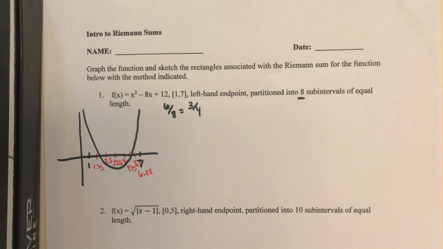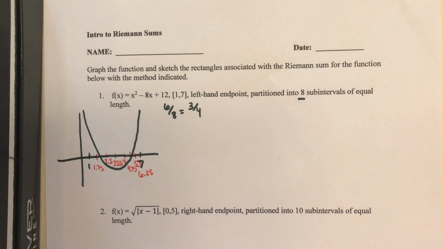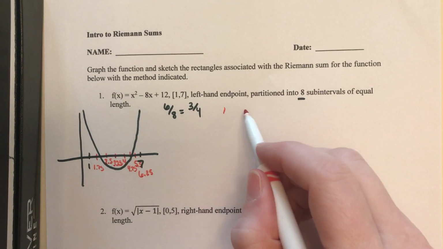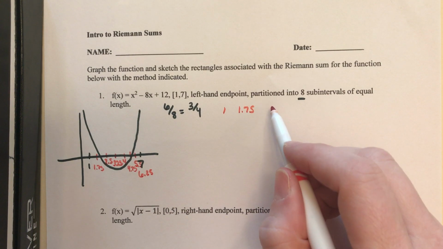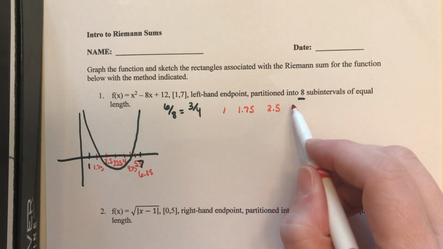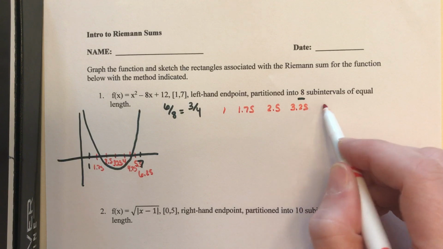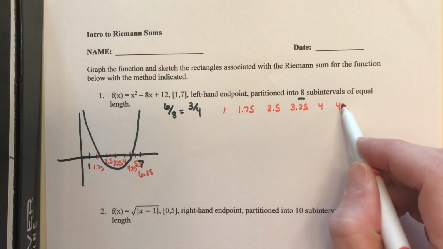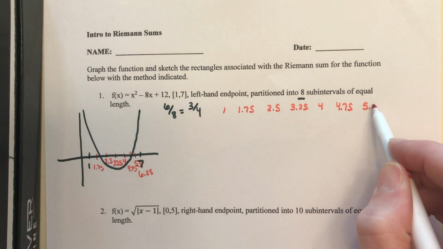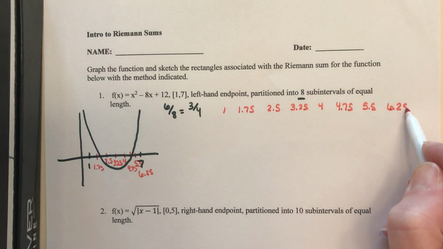I'm actually going to make a chart here. So I've got 1, 1.75, 2.5, 3.25, 4, 4.75, 5.5, and 6.25.